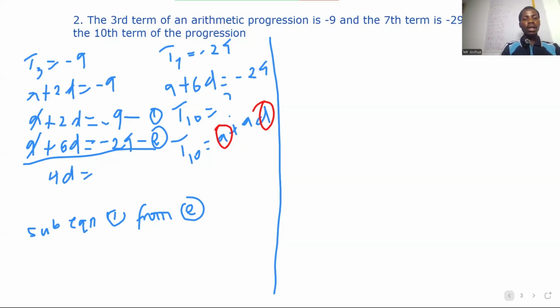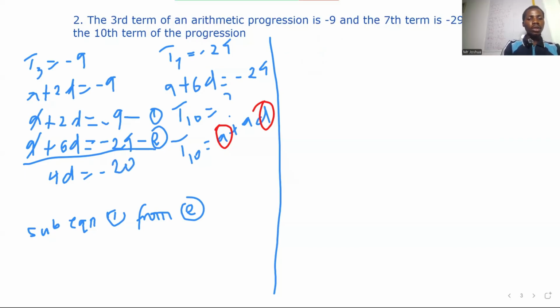Okay, then we're going to have minus 29 minus 9. You have to be careful here because you are dealing with a negative sign. So this is going to give us minus 29 plus 9, which is going to give us what? Minus 20. So in that bit, that means our answer over there is going to be minus 20.